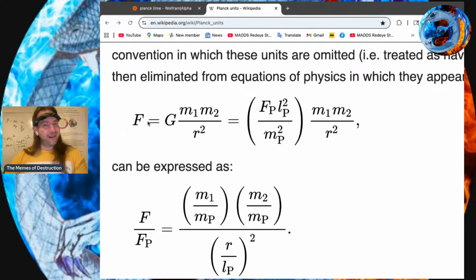So you got your force, your Newtonian gravitational constant, mass one times mass two, divided by the distance or the radius between them squared. Okay. So basically, you can rewrite this. You can put this outside, but it would just be in the numerator anyway. So the Planck force times the Planck length squared, and then they put it in.